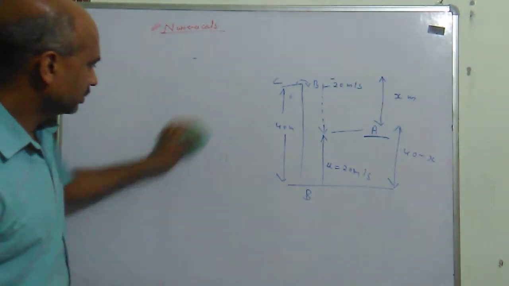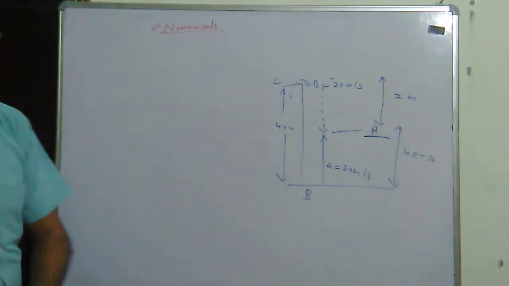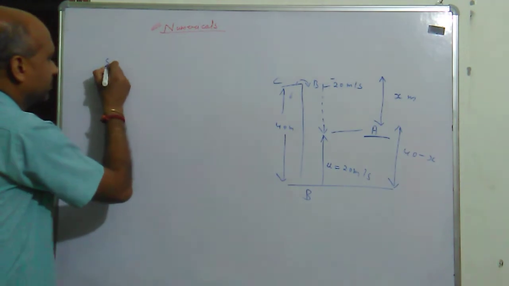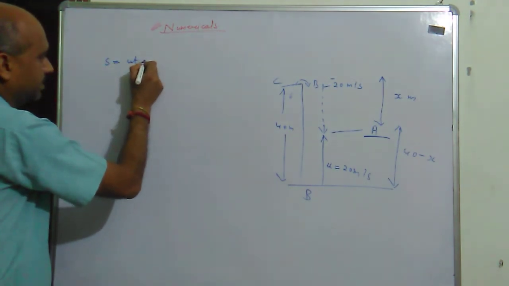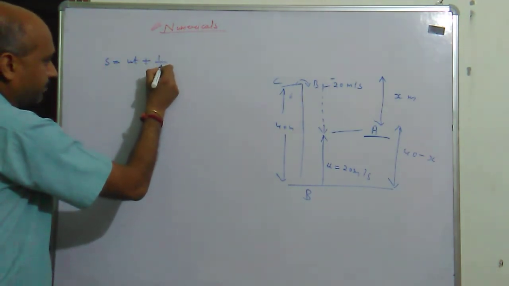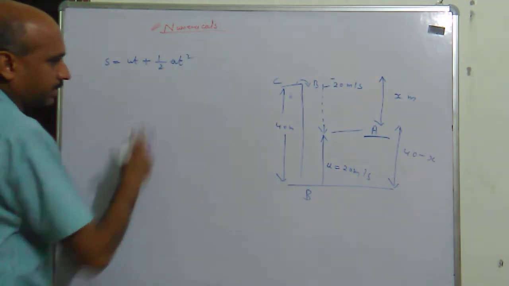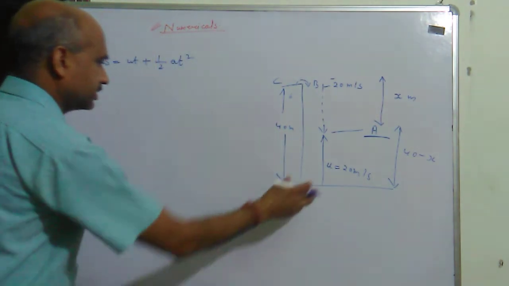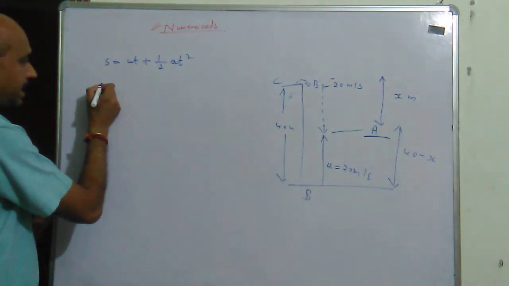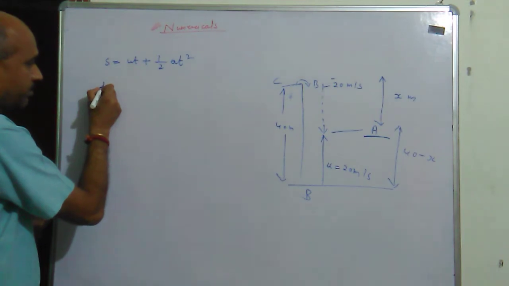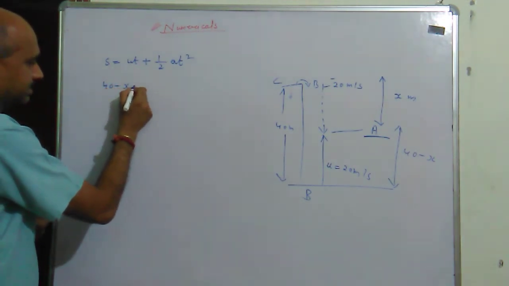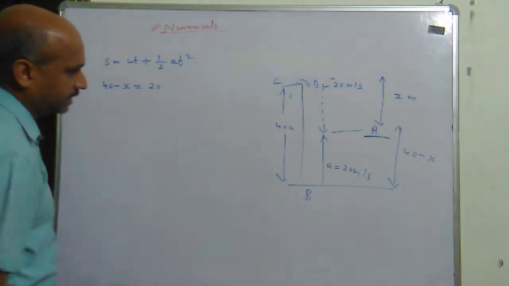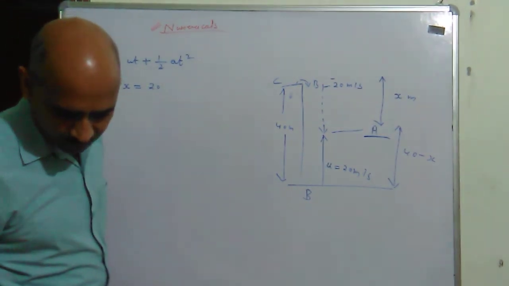So again we are having Newton's equations, न्यूटन की इक्वेशंस मेरे पास हैं, उसके अलावा और कुछ भी नहीं है. So we are having the equation s equals ut plus half at square. So this ball is going up, so if you consider ball A, in that case s will be 40 minus x equals ut, where u is 20, and the time is not given to us I think.